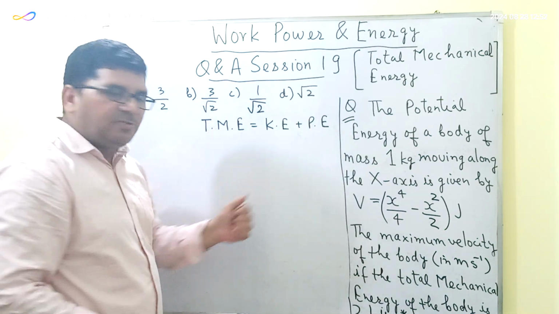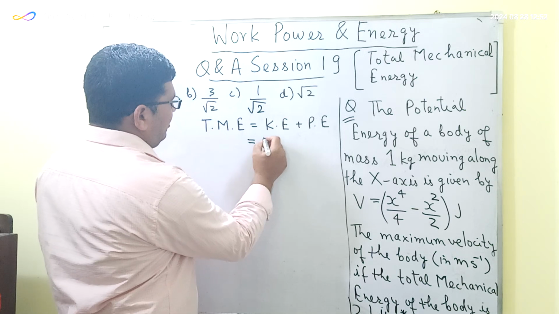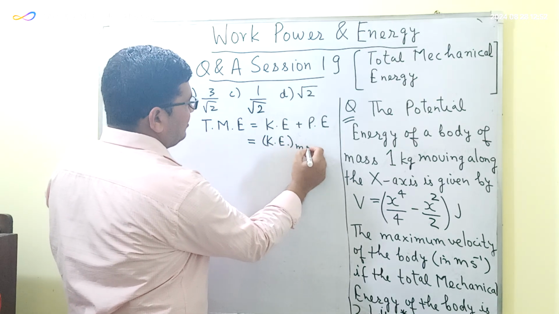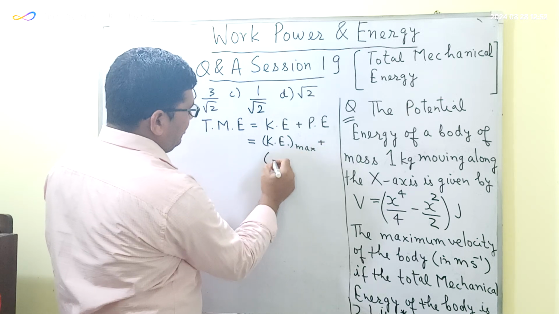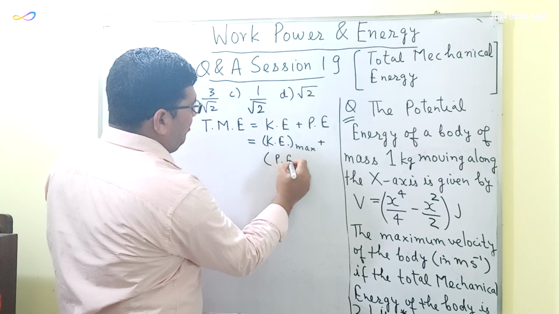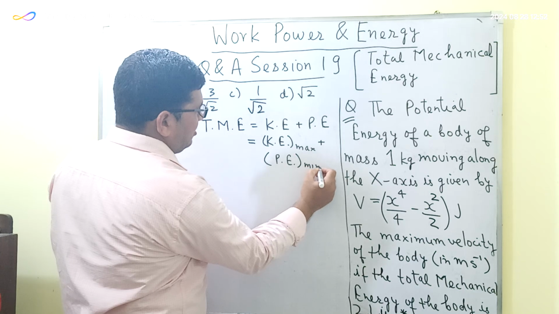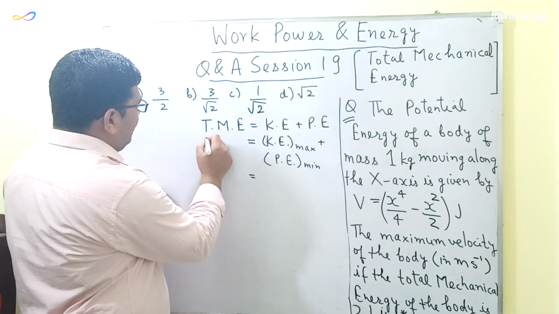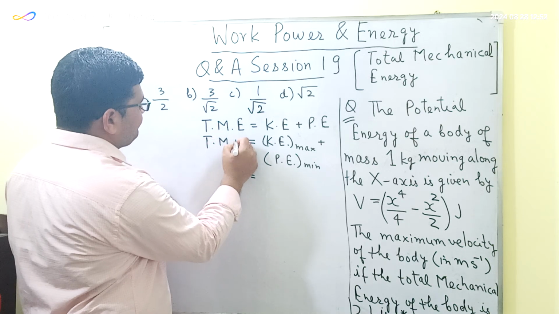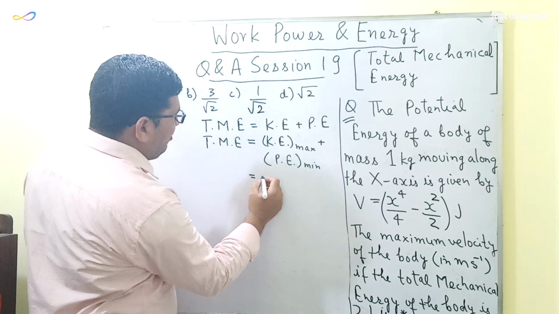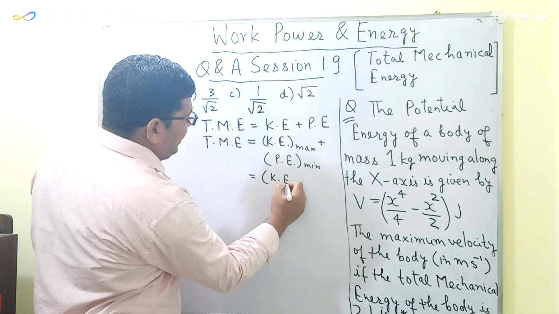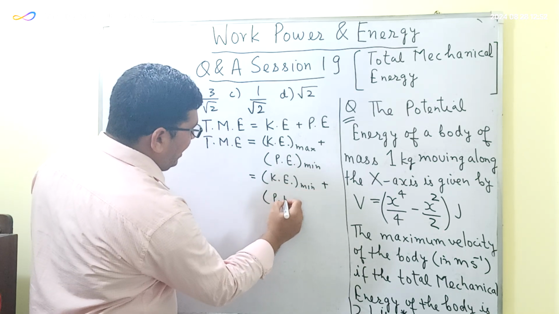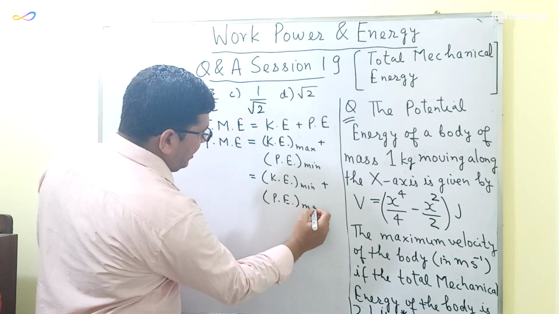This formula can also be written as the sum of the maximum kinetic energy plus the minimum potential energy, and it can also be written as the sum of the minimum kinetic energy plus the maximum potential energy.